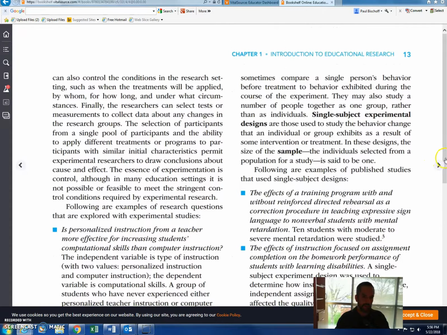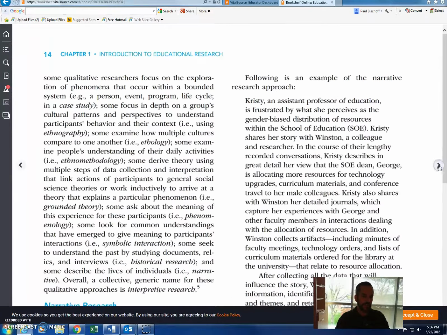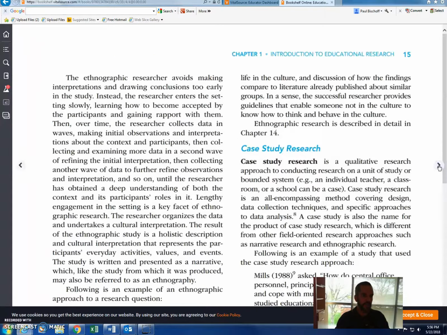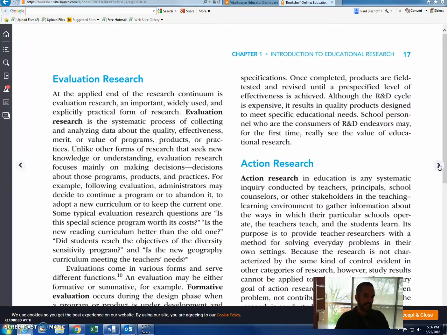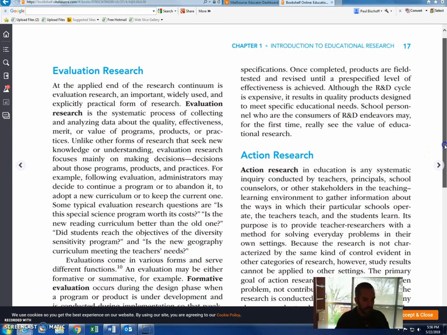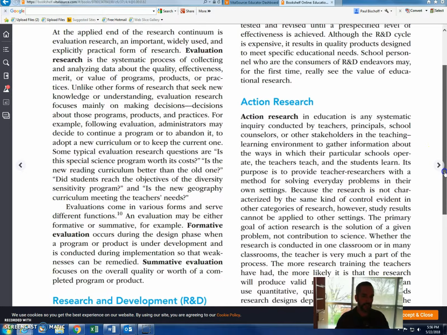It introduces main characteristics of quantitative versus qualitative research. And in this course, I see now we have action research listed here. This tends to be mostly a qualitative type of project that teachers do in their classrooms to inform their teaching. We'll be focusing a lot on that.